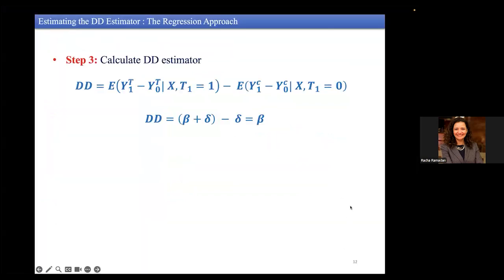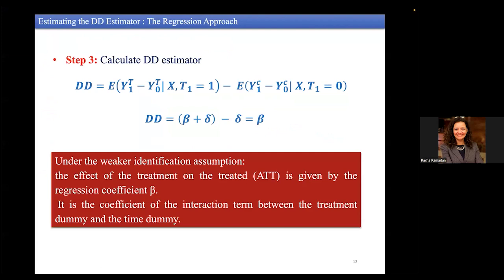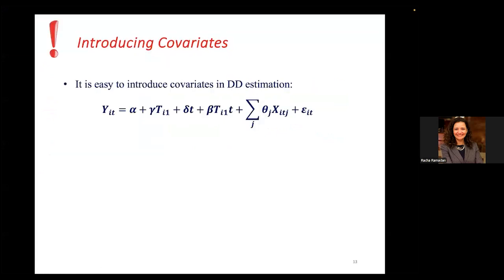In the example I gave, I did not include the X. However, it would be very simple to include, as I mentioned, other covariates that allow us to include observable characteristics like, for instance, age, education, gender, geographical location, whatever.